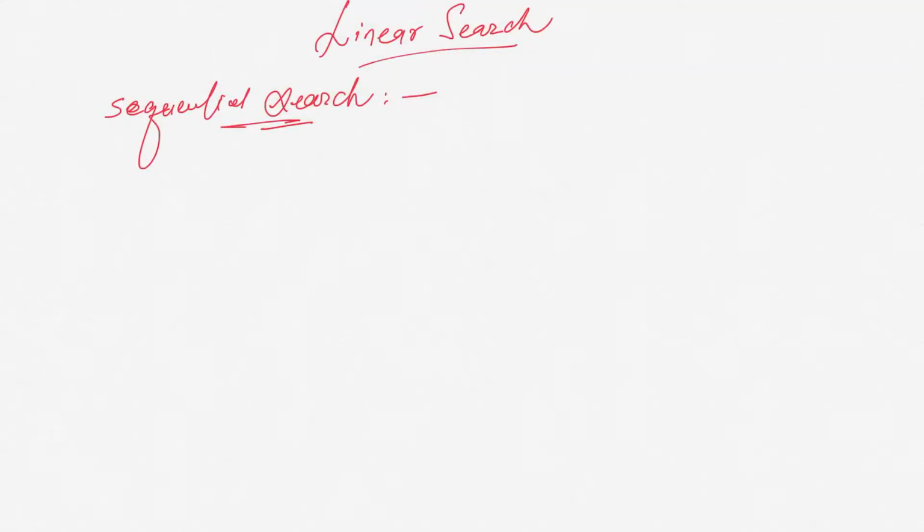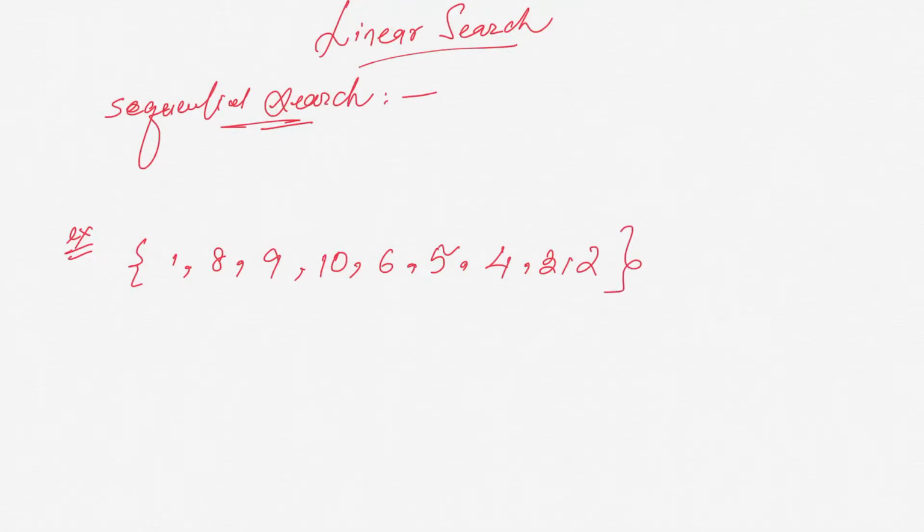Suppose you are given one example, try to understand. I have an array: 1 8 9 10 6 5 4 3 2. In this case the array is not sorted.